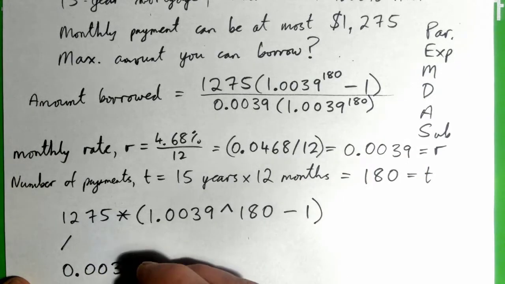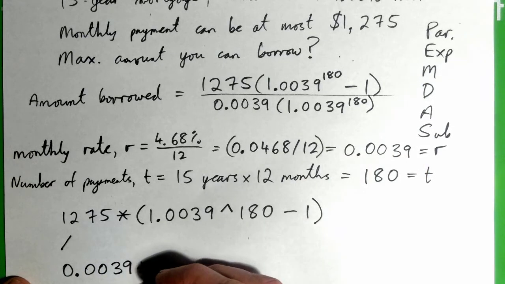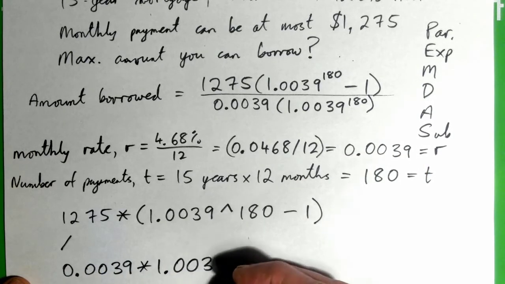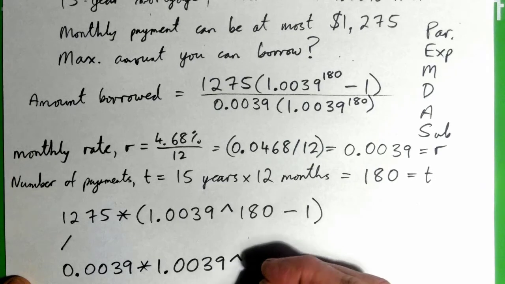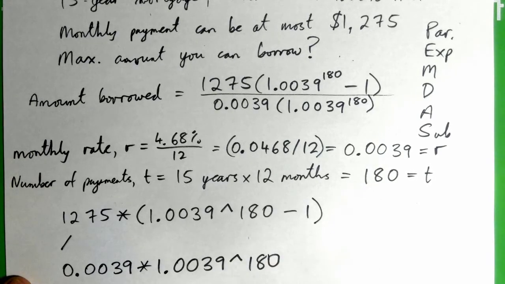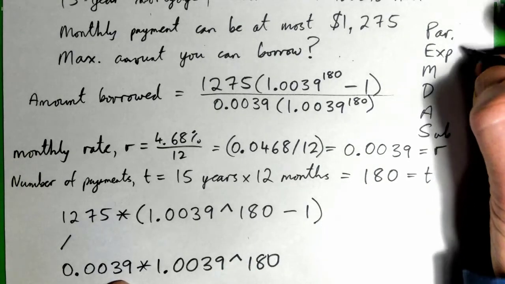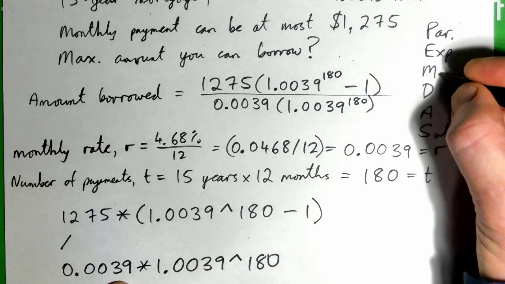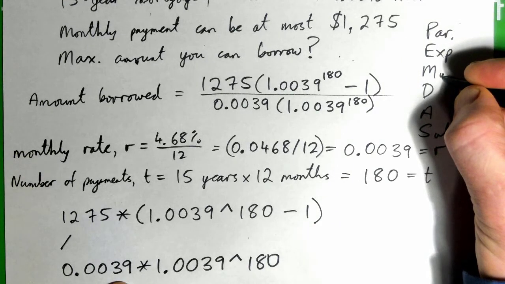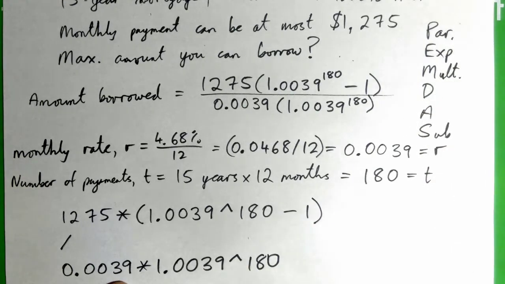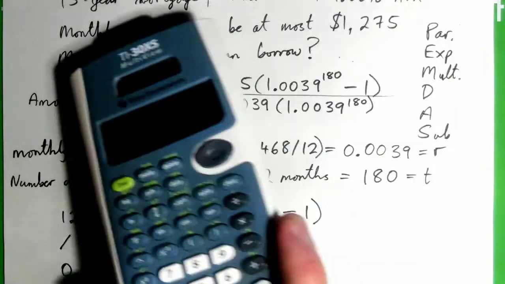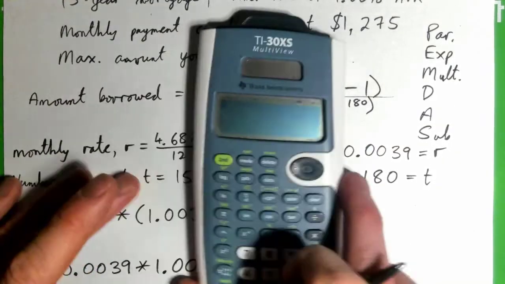So you can actually put in times 1.0039 to the power of 180, right? And again, your calculator understands PEMDAS. It's going to do the exponents here and then multiply. So I'm going to do the top, then the bottom, then I'll divide, just so we do it that way. It's kind of straightforward.